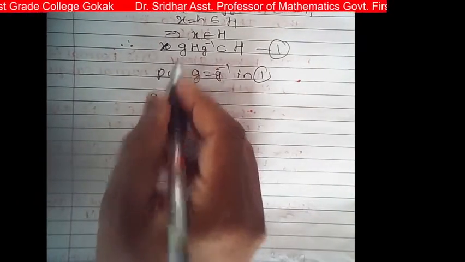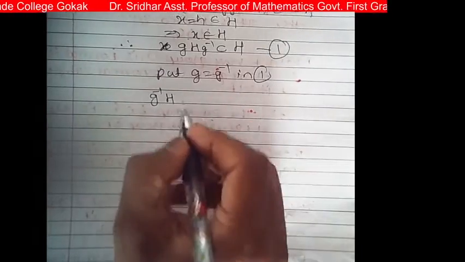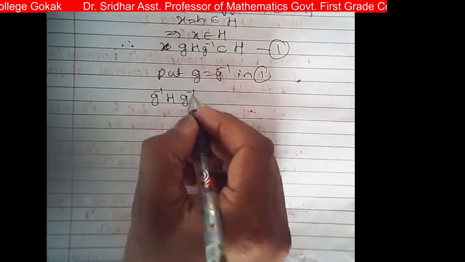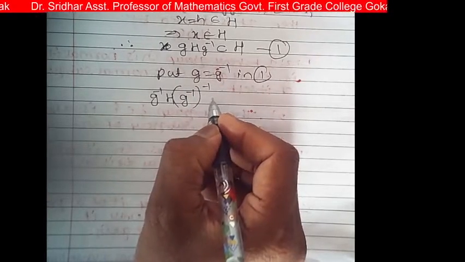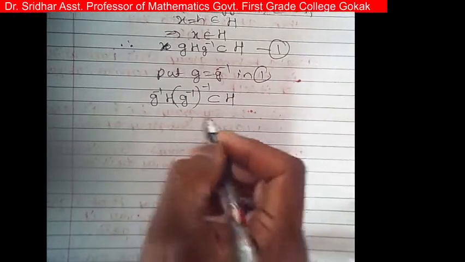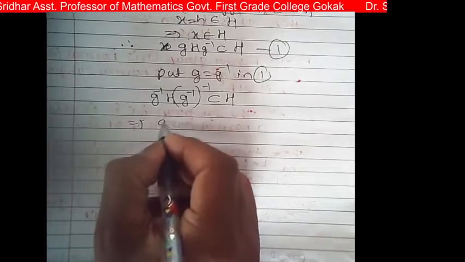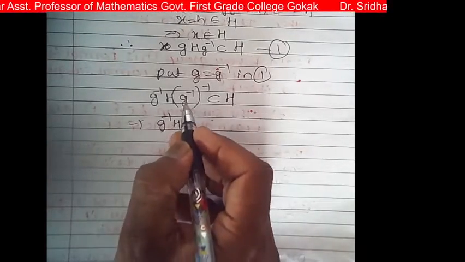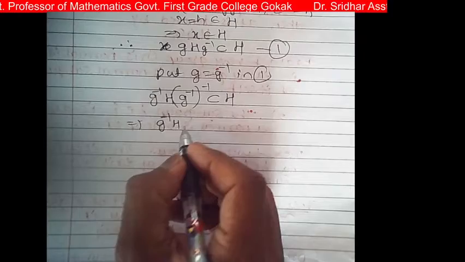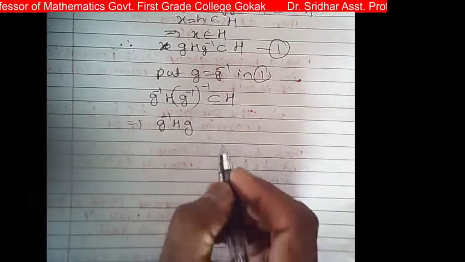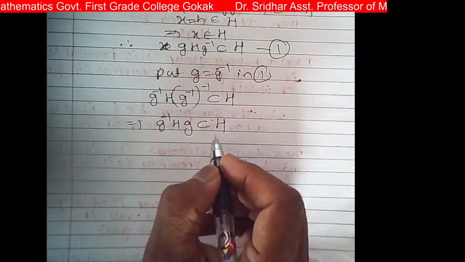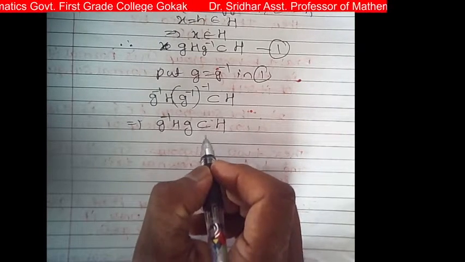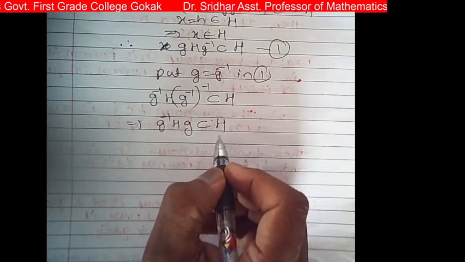Here g is replaced by g inverse, and here g is replaced by g inverse of inverse. So g inverse H g, since inverse of inverse is nothing but the element g, is a subset of H.